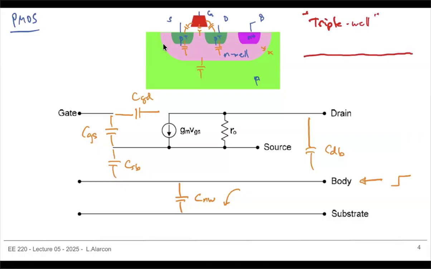It means that, okay, even if I have a P substrate, I still want to be able to isolate my N-type transistor so I can actually change the body bias for N-type, right?